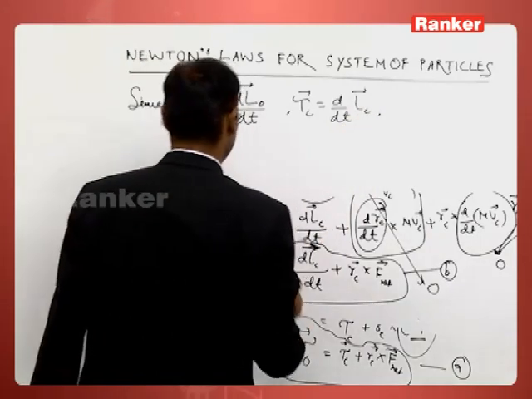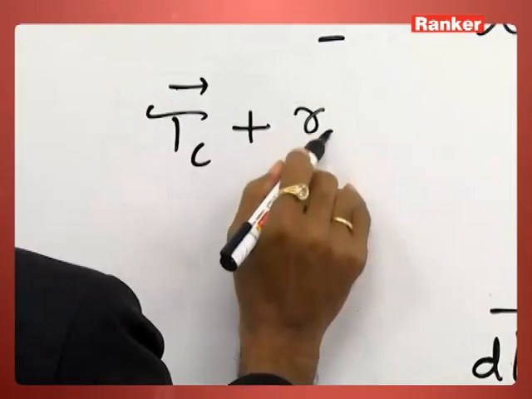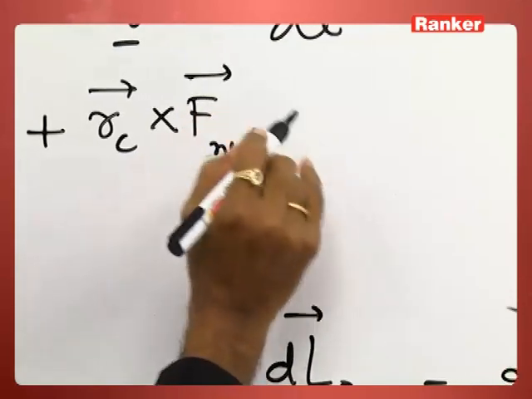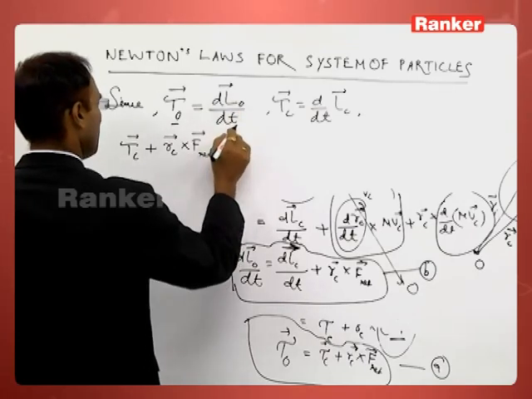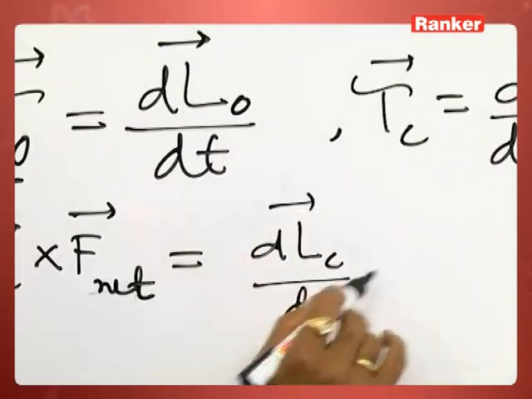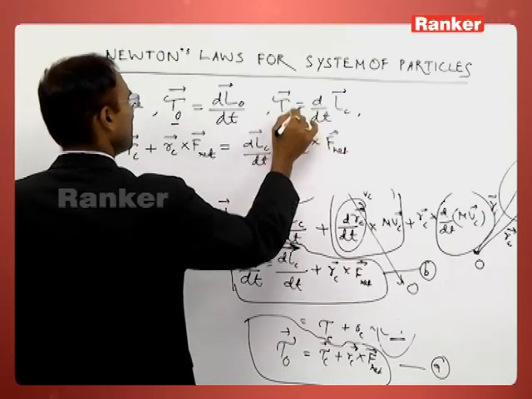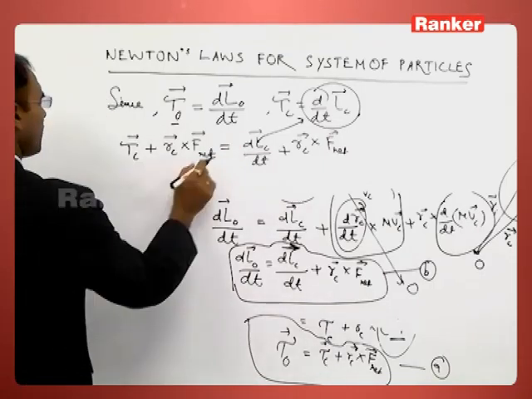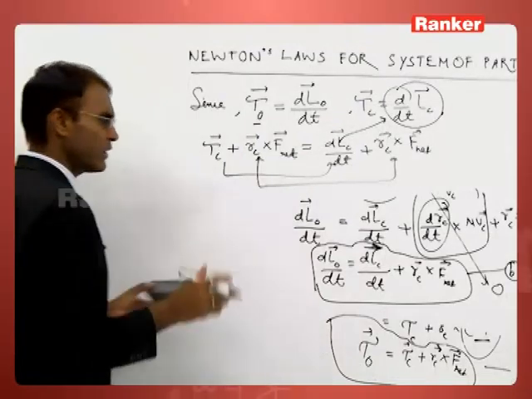Then, writing tau is equal to tau C plus RC cross F net, is equal to dLO upon dt, is equal to dLC upon dt plus RC cross F net, and this factor is none other than the tau C. Or you can just compare these two terms to get a pair of equations.